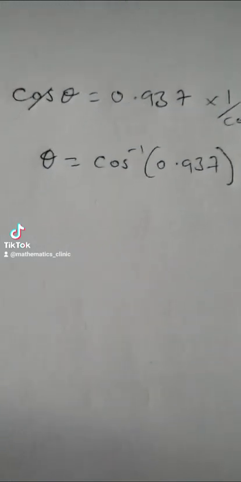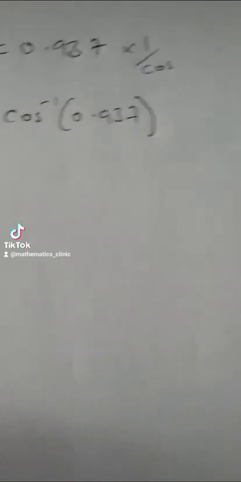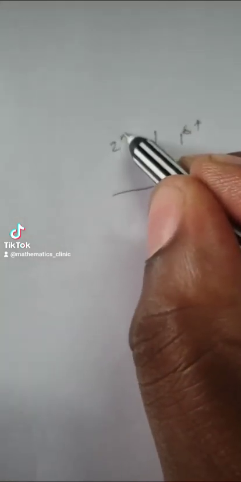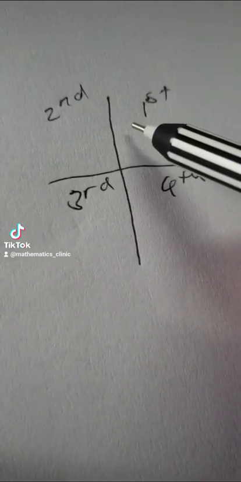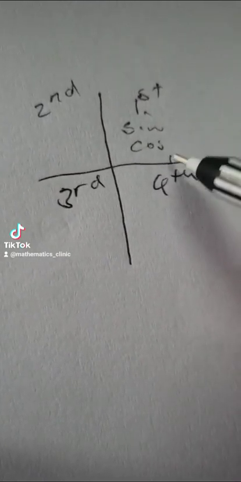So our cos is positive. If our cos is positive, we need to refer to our quadrants in the Cartesian plane: the first, second, third, and fourth quadrants. In the first quadrant, all the trigonometrical ratios are positive: sine, cos, and tan.